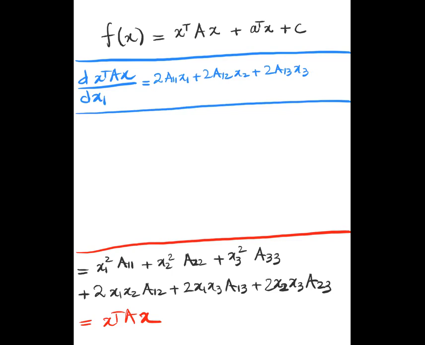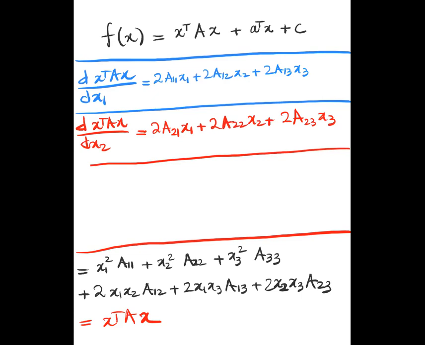What is the derivative of x transpose A x with respect to x2? 2 x2 a22 plus 2 a12 x1 plus 2 a23 x3. And I use the fact that aij is equal to aji.